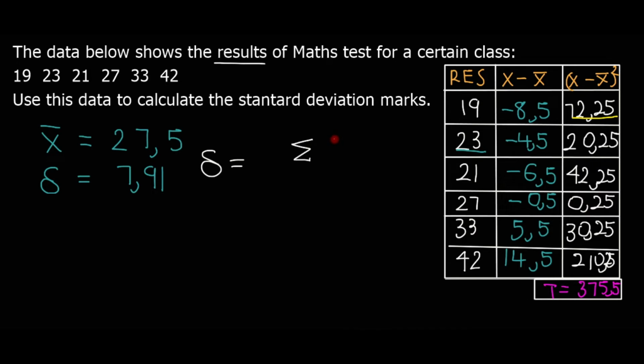e re ke the sum ya x minus x bar all squared and then divide by n, and then all inside the root.